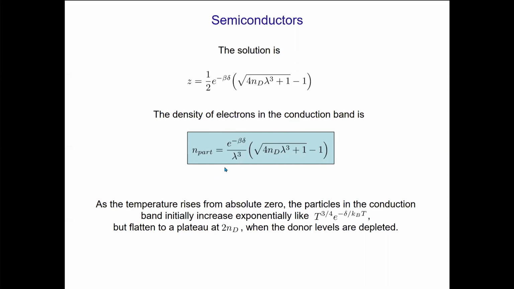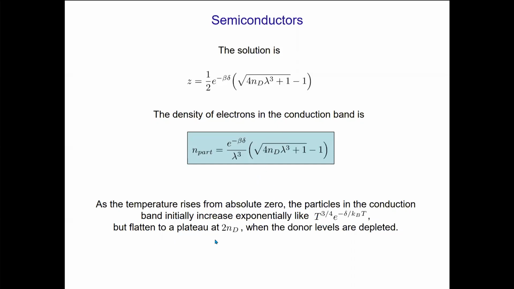So if you expand this expression for small temperatures, as the temperature rises from absolute zero, the particles in the conduction band initially increase exponentially, like exponential of minus delta. This is the exponential factor, which is given by this, and this T to the 3/4 comes from this factor.